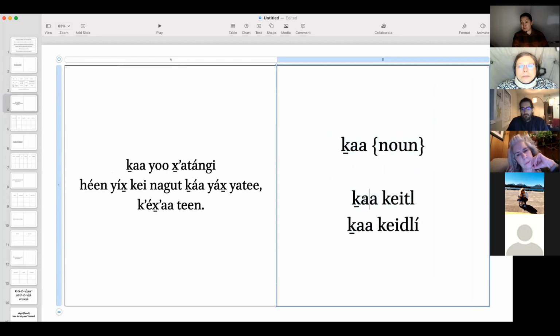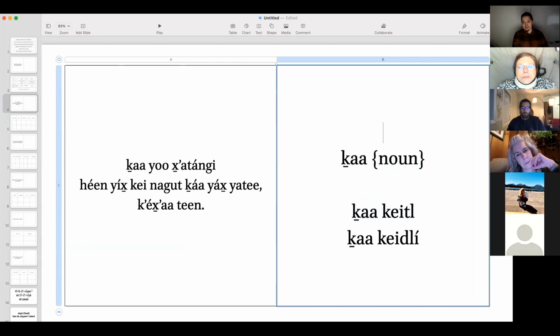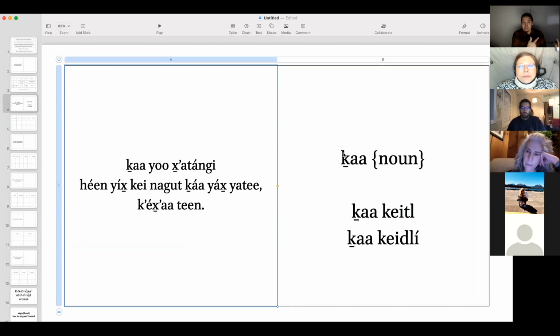So these are two different things because these two kas are actually different, right? So now we're getting to a couple different ones. We got ka and ka. Those are both high tone, but they're different. You just got to get them from context. English has lots of homonyms. Like which two is it? It's 2, right? Okay.